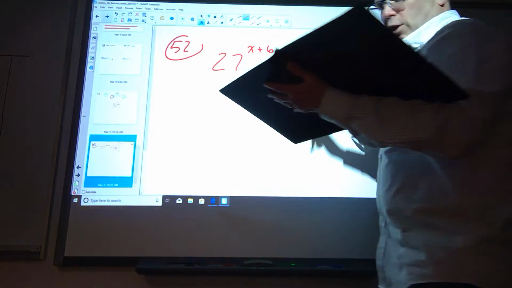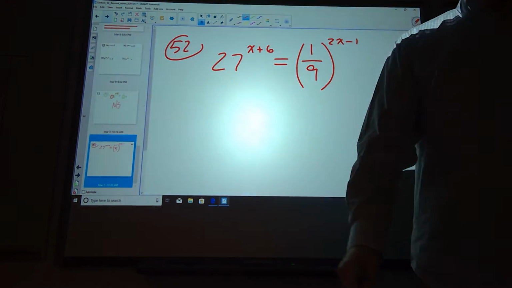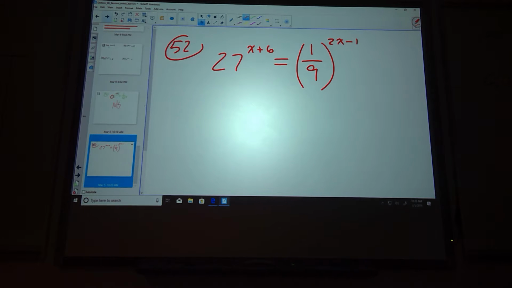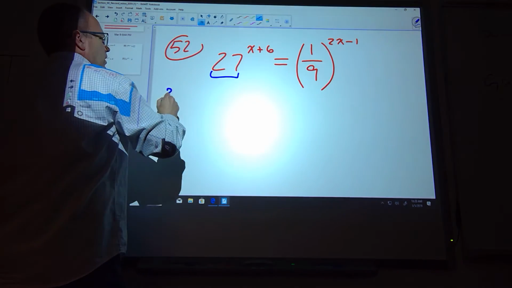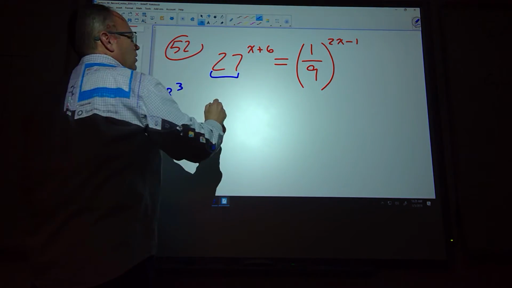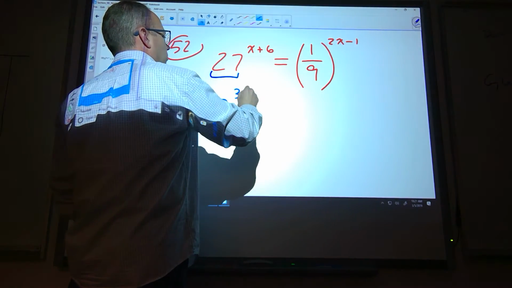All right. If we remember, we want to turn our bases, our 27 and our 1/9, to the same base. I can't turn 27 into base 9, but I can make this 3 to the 3rd, which means this is going to become 3 to the 3x plus 18.